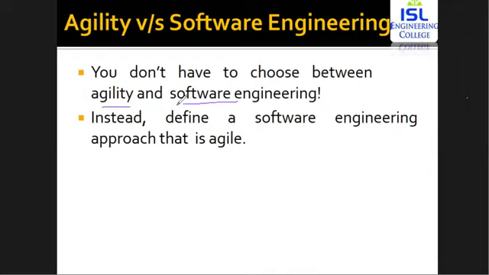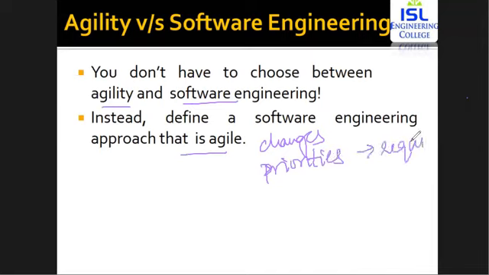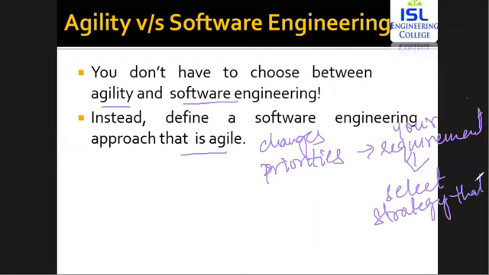Instead, you're going to make a software engineering approach that is agile, that is adaptable to the different changes and priorities that you require within your particular project. Based on your requirement, you're going to select a strategy that best suits your project.